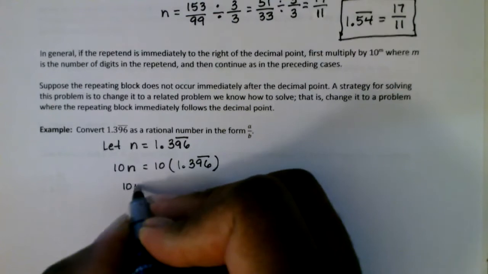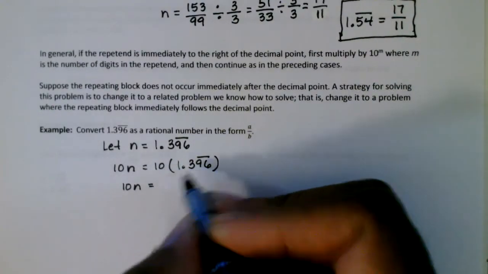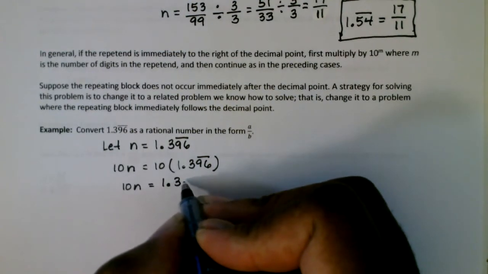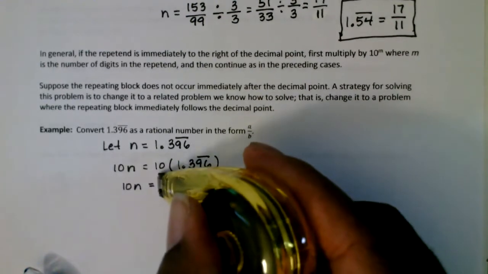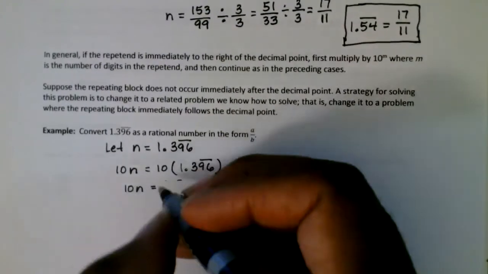So this will be 10n. And if I multiply by 10, I move this decimal point one place to the right. So it'll be 1.3, no, 13.96, because the decimal point will be behind the 3.